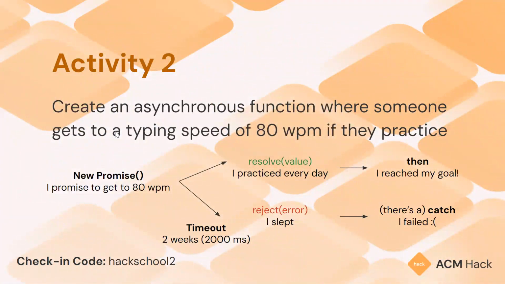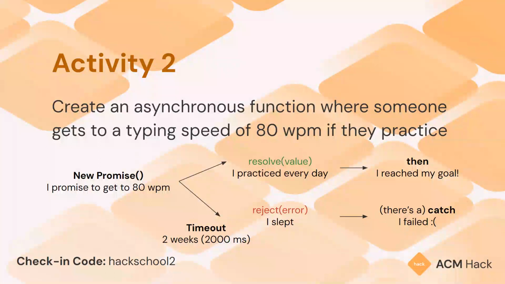I know this was a lot and it's pretty confusing, so there's a quick activity. We're going to come help you guys. We want to create an asynchronous function where someone gets a typing speed of 80 words per minute if they practice. Your job is to create a function that returns a promise, and then consume this promise correctly.